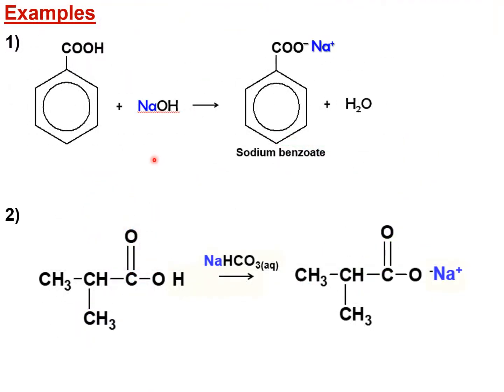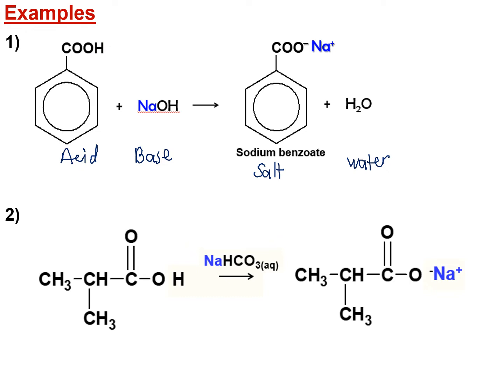Alright, so let's look at some of the examples here. Okay, for example, kalau you ada carboxylic acid, this is an acid. Okay, and then dia react dengan NaOH. Kita tahu NaOH ni adalah strong base, makanya you mesti akan dapat salt and water. Okay, cumanya bila proses neutralization of carboxylic acids, you need to remember dia akan melibatkan OH bond cleavage.